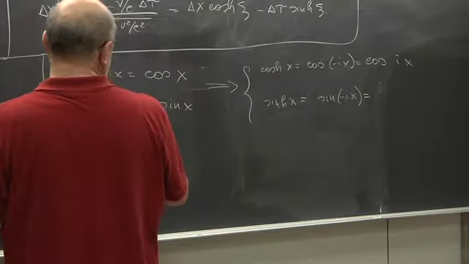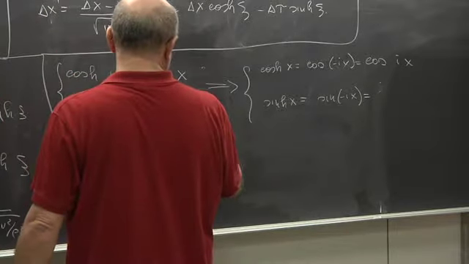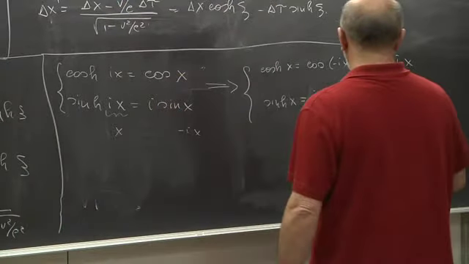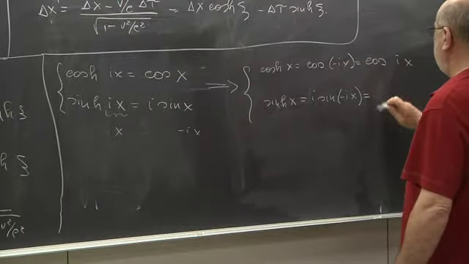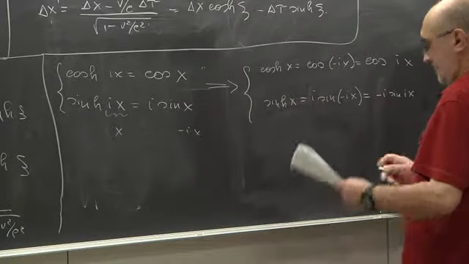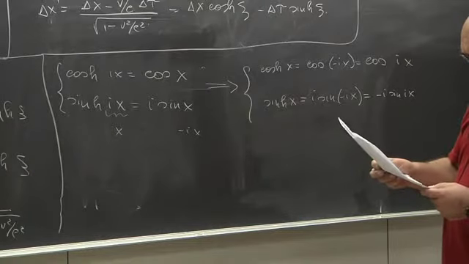So if I call this x, then this object is minus Ix, and I am right, but there is an I. So this is minus I sine Ix. Then what I had in mind does not come out right.